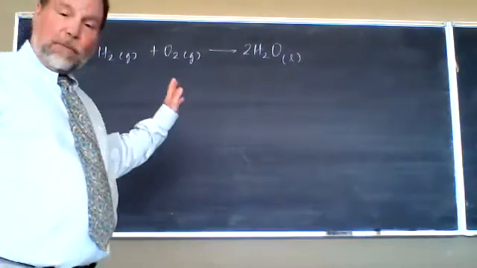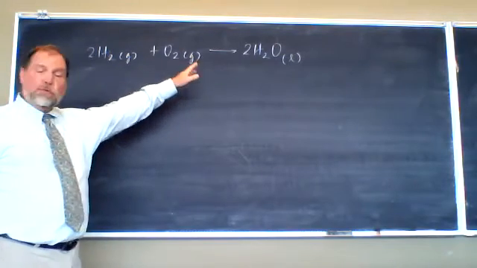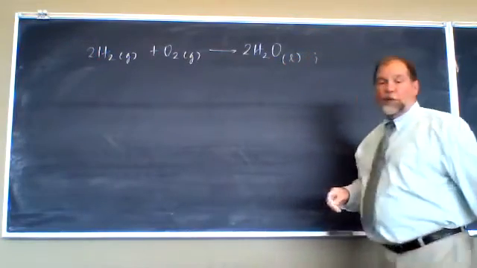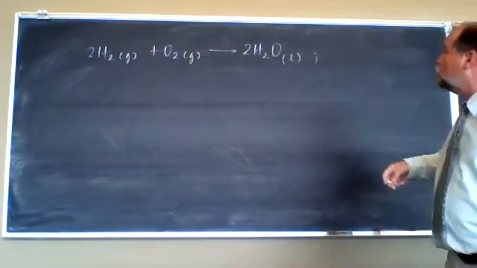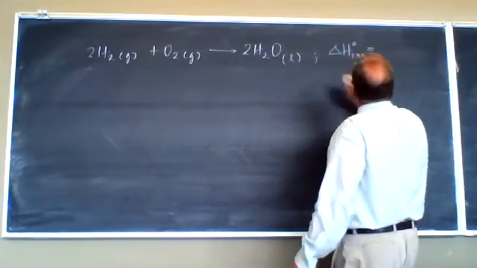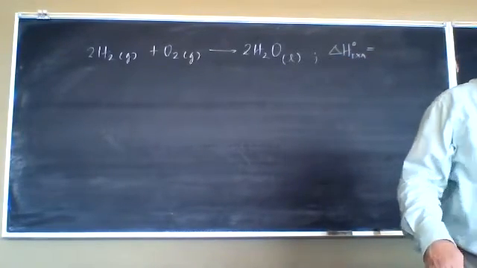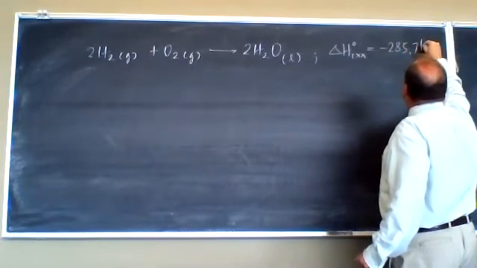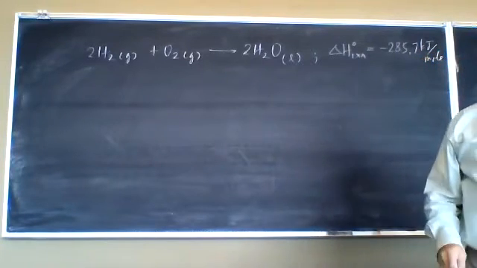Now, we have a balanced chemical equation here, 2H2 plus O2 to make 2H2O. Since we are also trying to get you used to thinking about the energy requirements of these chemical reactions, let's recognize that the enthalpy for this particular reaction is equal to negative 285.7 kilojoules per mole.